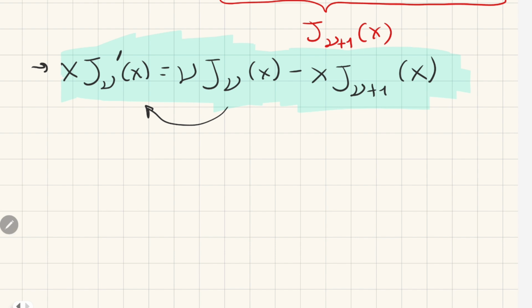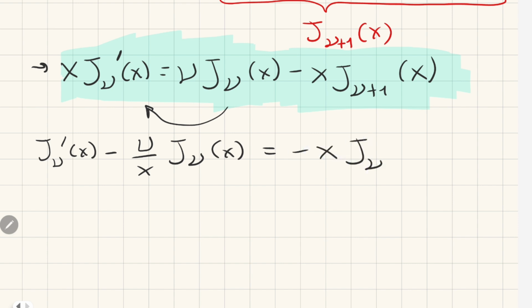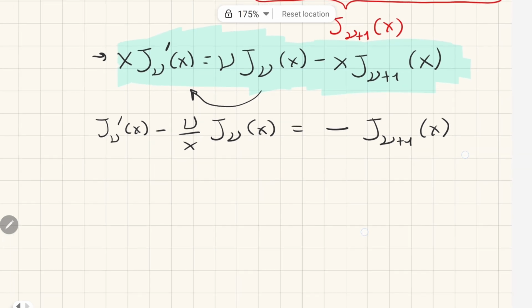We are going to get that J sub nu prime of x minus nu divided by x J sub nu of x is equal to minus x J sub, actually x divided by x, right? But that is minus 1. So J sub nu plus 1 of x. Okay, perfect.